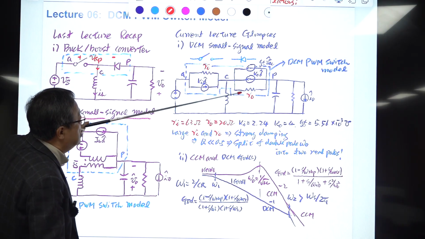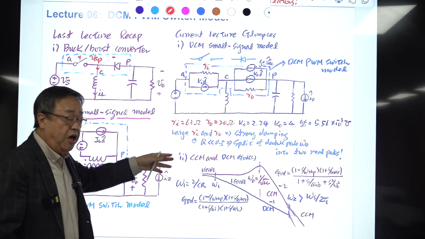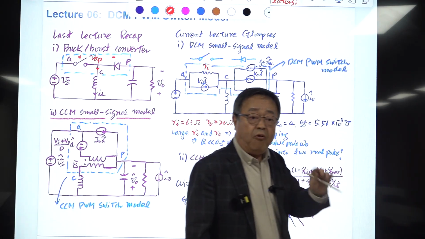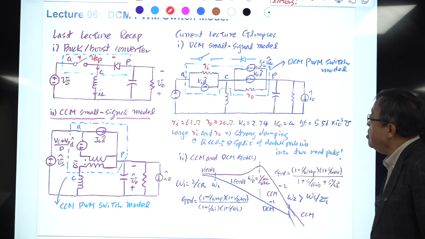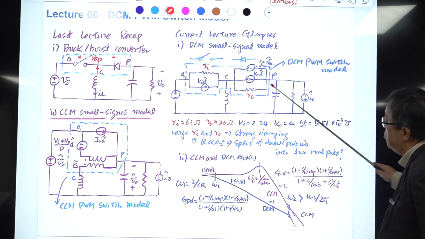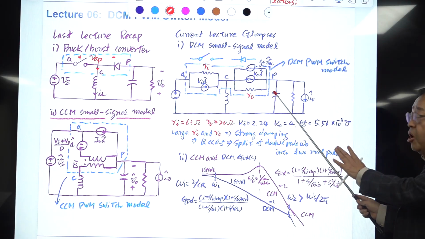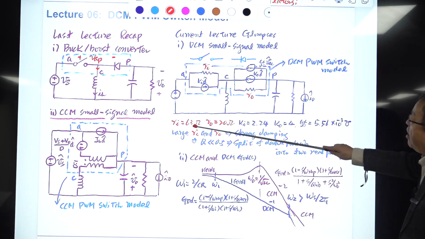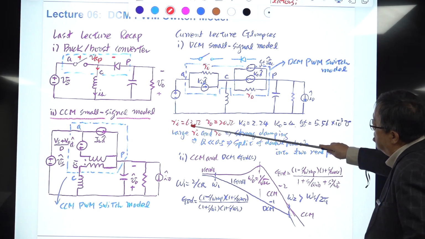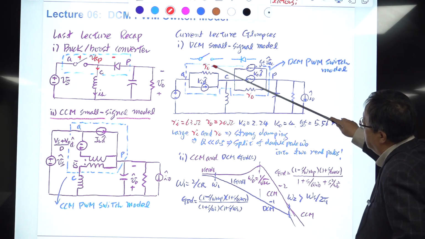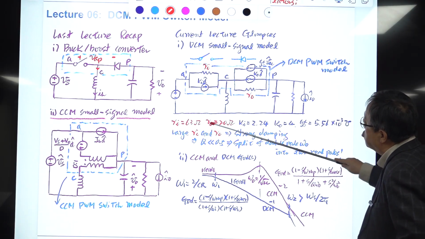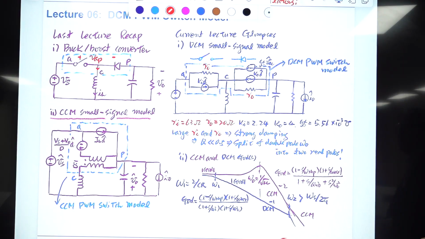And these are the values of the coefficients of the voltage dependent current sources and the 2 resistive parameters. This is an example of a typical low power buck boost converter. In this particular example, you will see the details. Ri is 63 ohm, which is relatively large, and Ro is 20 ohm, very large compared to other parameters.